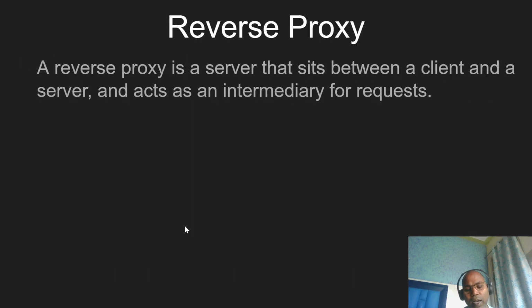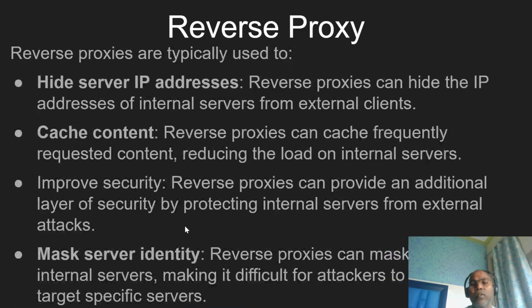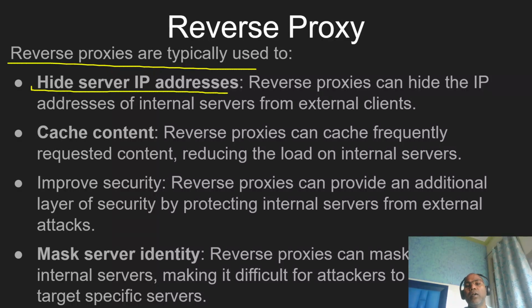Similarly, a reverse proxy, as we discussed, is a server that sits between the clients and servers and plays the role of an intermediary for requests. These are the typical uses of a reverse proxy. You can use a reverse proxy whenever you want to hide your server IP from the client. Millions of customers, maybe valid users or invalid ones, try to access my application.